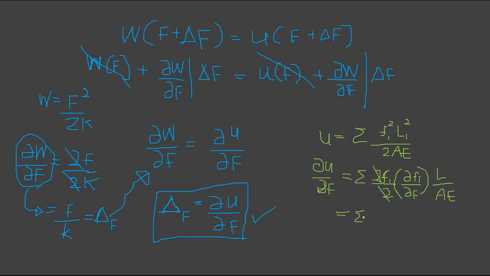So what you really need to do is take the Fi value, the original Fi value, and then take the dFi by dP value, right?